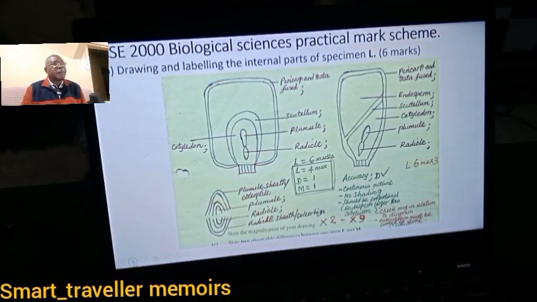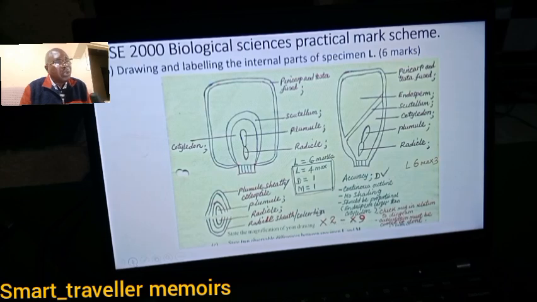3c, stating 2 observable differences between specimen L and M. There are 2 cotyledons in specimen M and 1 in specimen L. Food stored in endosperm in specimen L and in cotyledon in specimen M. L has 2 scars and M has 1 scar.